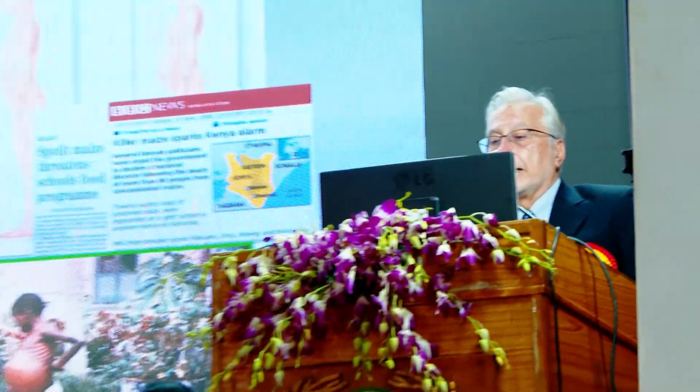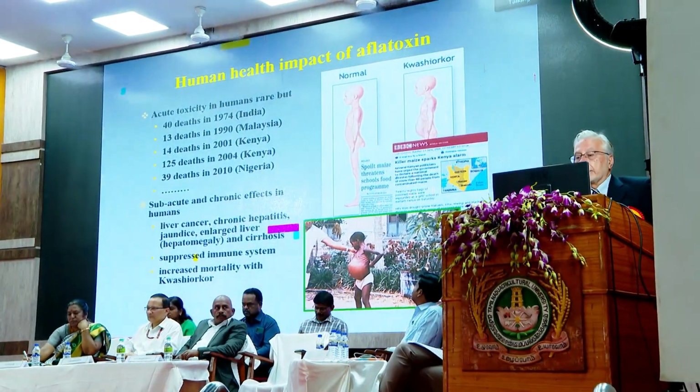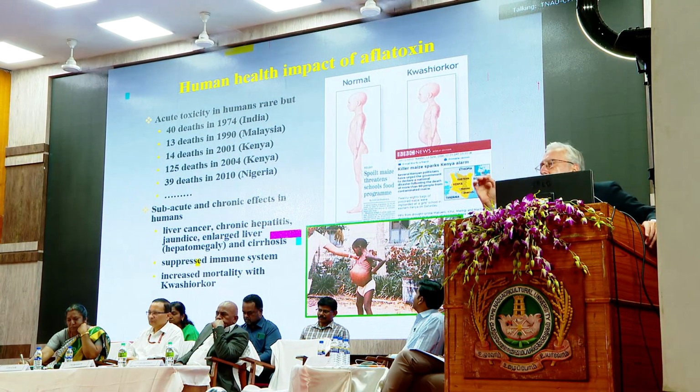Just as an example, you know well the human impact of toxin, with some really severe diseases, also in India. And then the different chronic attacks, particularly liver cancer. So this is a toxin, think about it, the most carcinogenic natural compound in the world.